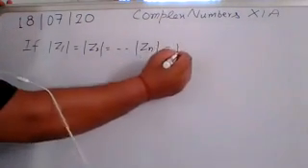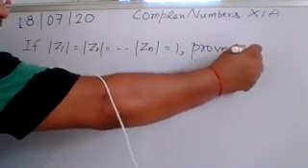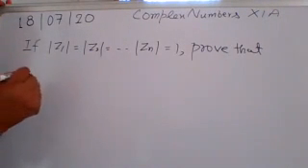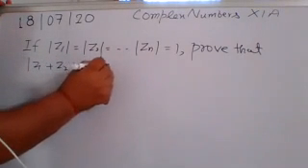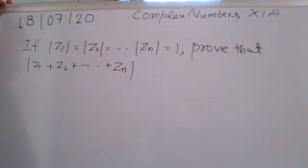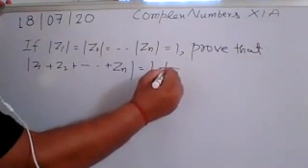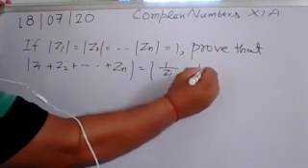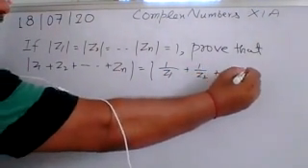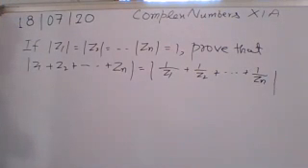Then prove that mod of Z1 plus Z2 up to Zn is equal to 1 upon mod of 1 upon Z1 plus 1 upon Z2, and up to 1 upon Zn. You have to prove this result. Okay, note it.